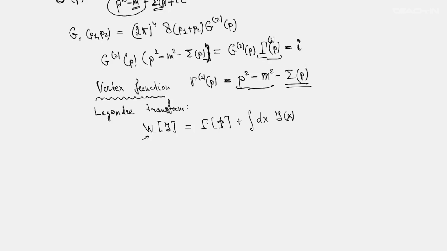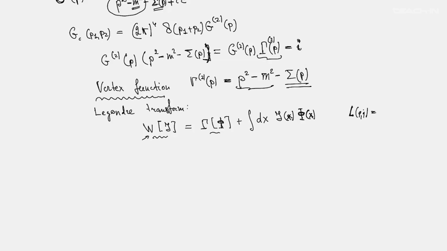So phi of x is not a quantum field; it's a classical field, and this relationship between W and gamma reminds you the standard Legendre transform which you get in classical mechanics, where you relate by means of this transform the Lagrangian as a function of q and q dot to the Hamiltonian, which is a function of canonical coordinates and momenta.